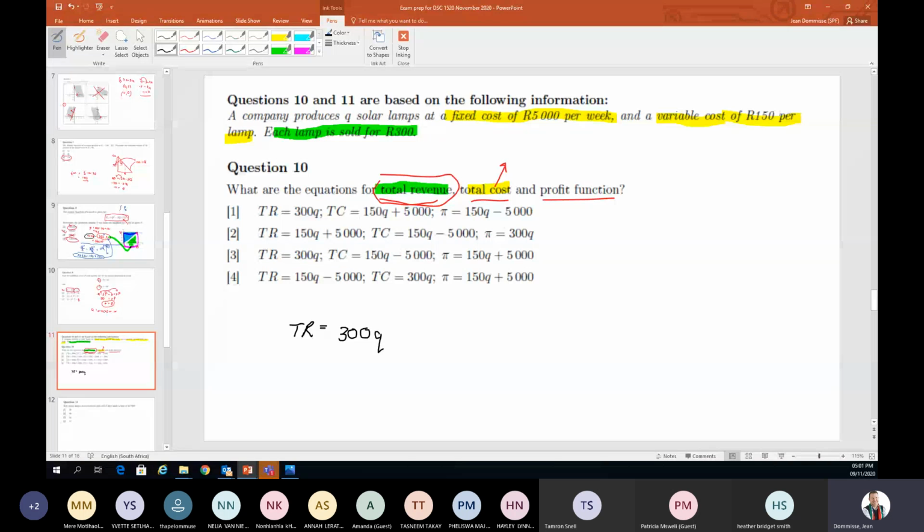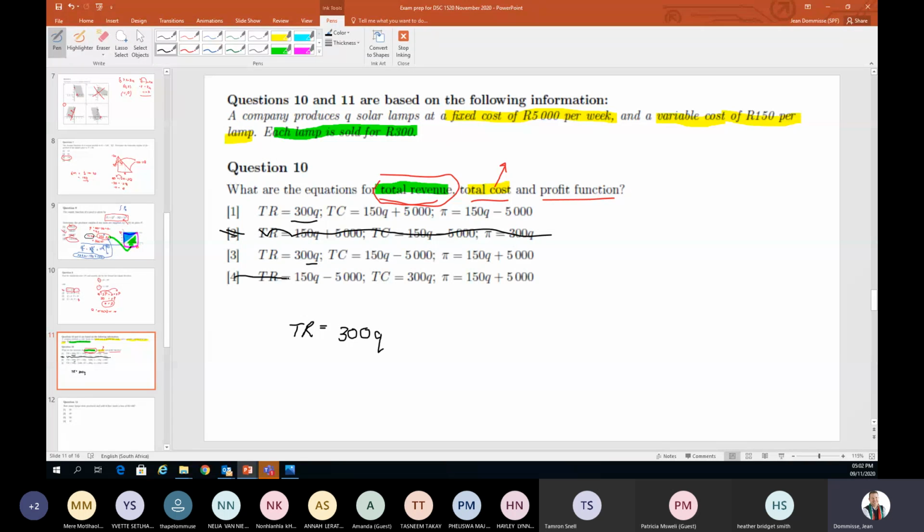So I'm looking at these options. There's total revenue 300Q. That is not 300Q. So away with option 2. Total revenue 300. Okay, can be.